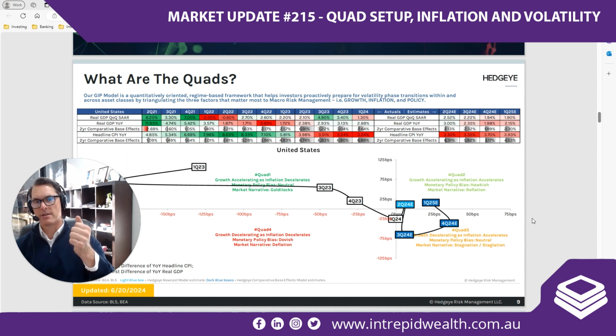Now, some of you may have seen this setup before, this schematic before. For those of you who might be listening to this, it's an XY axis chart with the four quadrants laid out and a line following where we've been and where we're projected to go to in terms of the quad outlook for the next 4 quarters, really.